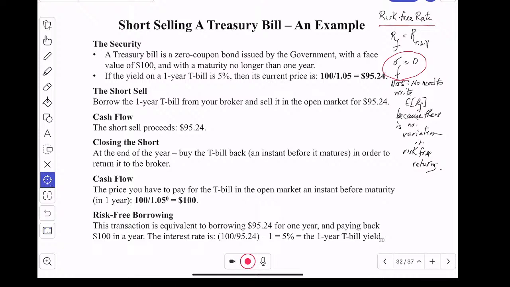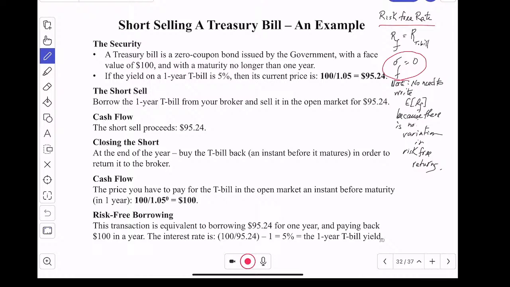Okay, so this is risk-free borrowing. Risk-free lending is where you would purchase a T-bill, so that you're lending at a risk-free rate, right?